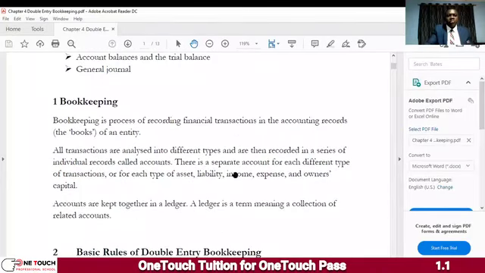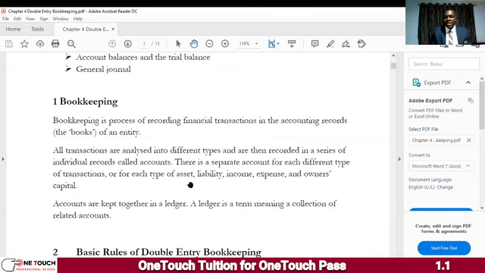Now, bookkeeping. When we talk about bookkeeping, it simply refers to the process of recording financial transactions in the accounting records, that is, the books of an entity. All transactions are analyzed into different types and are then recorded in a series of individual records called accounts.